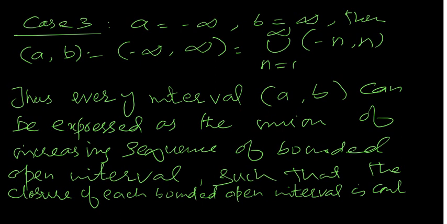Now we take its application part. Suppose this interval (a, b) is equal to the whole real line R, and this C is equal to the set of rational numbers. Then between any two real numbers there is a rational number.